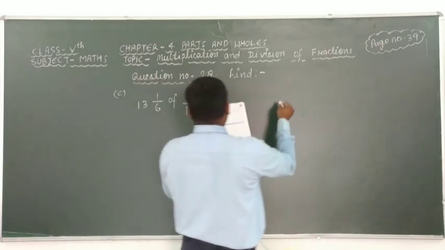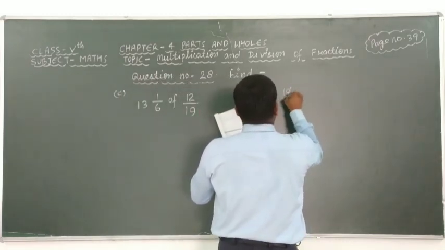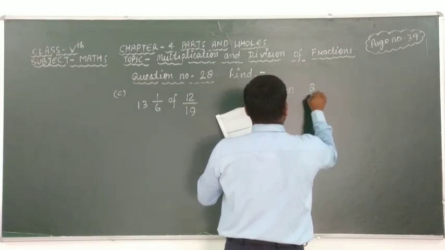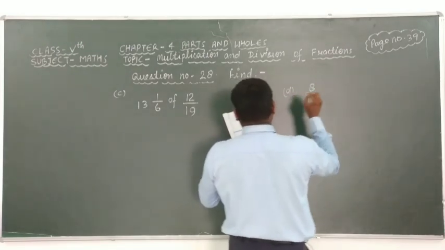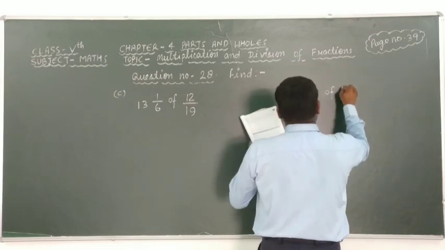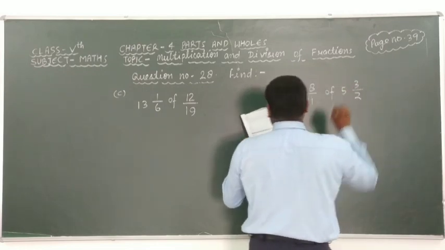And question number 28 of D is 8 over 11 of 5 whole 3 over 2.